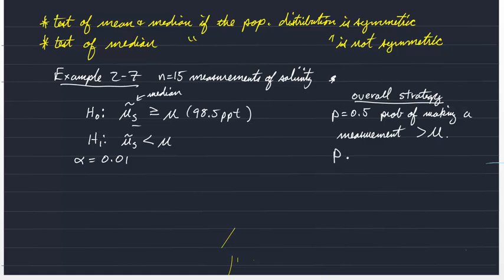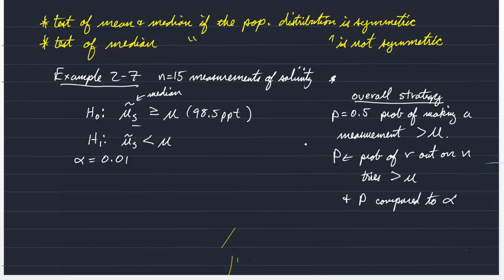So the P is the probability of r out of n tries successfully meeting the criteria that the values are greater than, not greater than or equal to, mu. And we're going to compare P to alpha. So this is going to turn out to be a test using the binomial distribution.